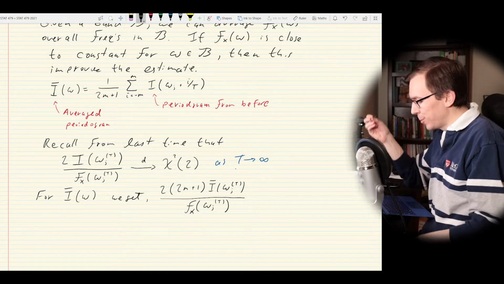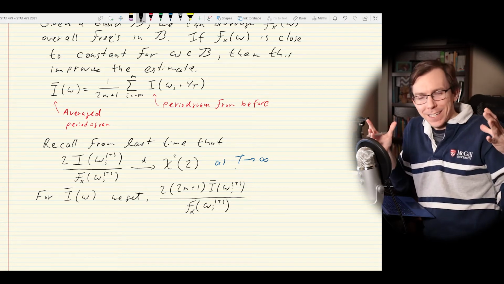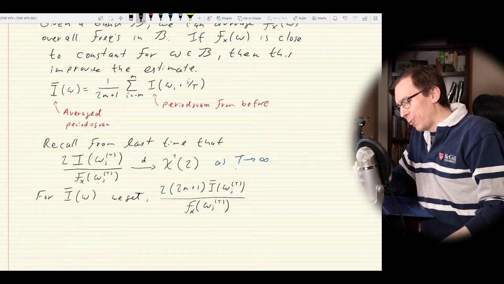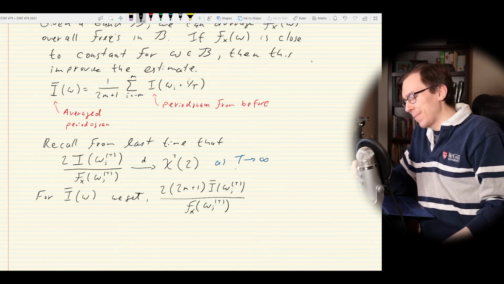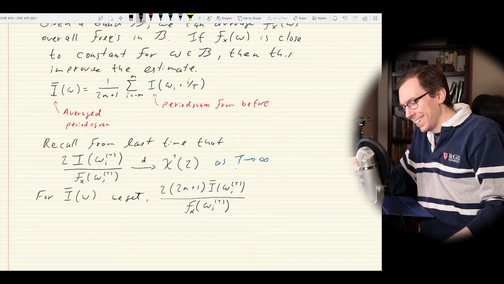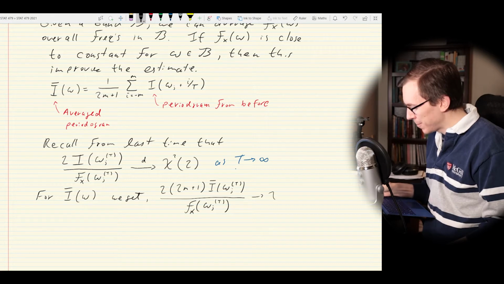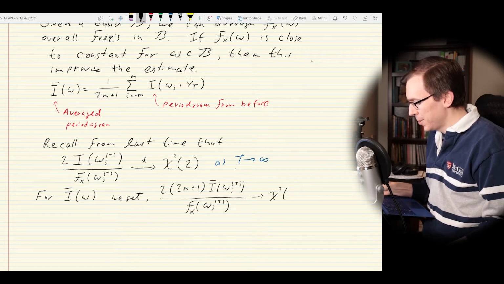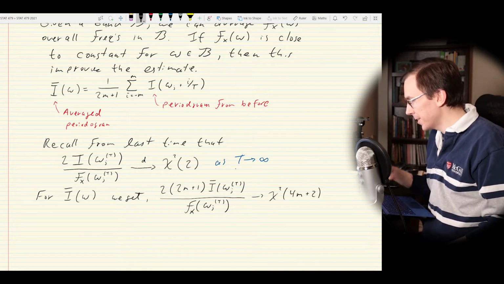So what is this thing going to converge to? What do you think the answer is? Well, if one of these goes to a chi-squared with 2 degrees of freedom, and now we have 2m plus 1 of them, it's going to converge to a chi-squared distribution with 2 times 2m plus 1, which is 4m plus 2 degrees of freedom.